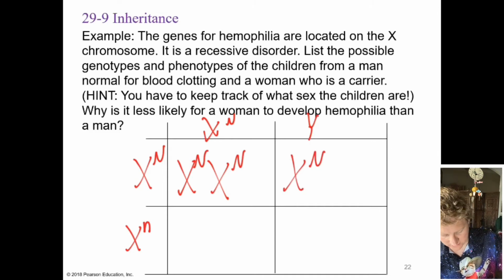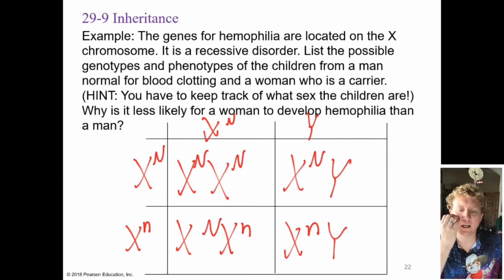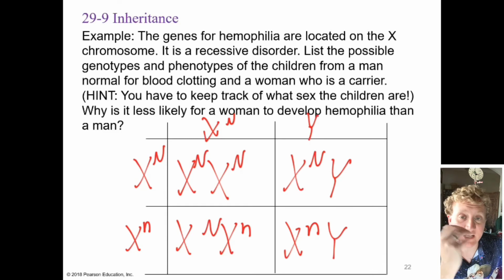We've got a son, potentially, who is normal. We've got a carrier daughter and a son who has it. And so if we're looking at this, there is a 0% chance that any of their daughters are going to have hemophilia. There is a 50% chance that their sons will.